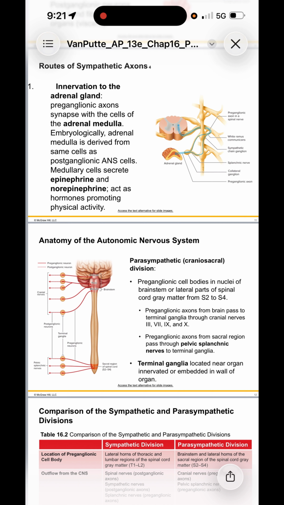Preganglionic axons from brain pass to terminal ganglia through cranial nerves III, VII, IX, and X. Preganglionic axons from sacral region pass through pelvic splanchnic nerves to terminal ganglia. Terminal ganglia are located near the organ innervated or embedded in the wall of the organ.